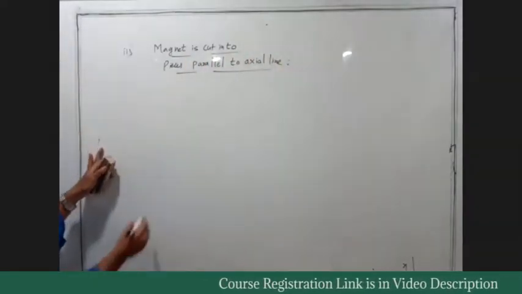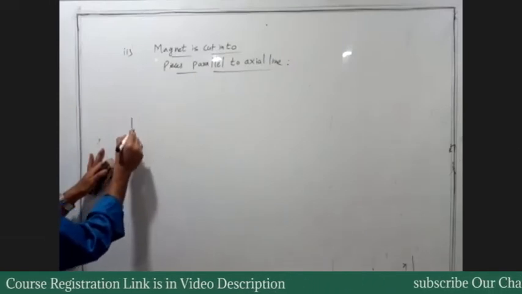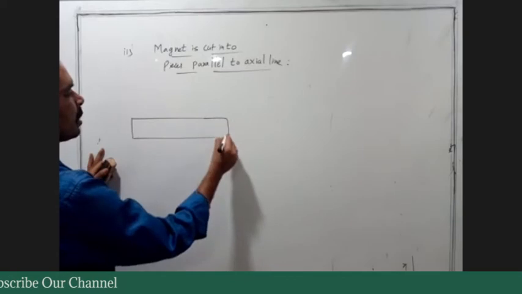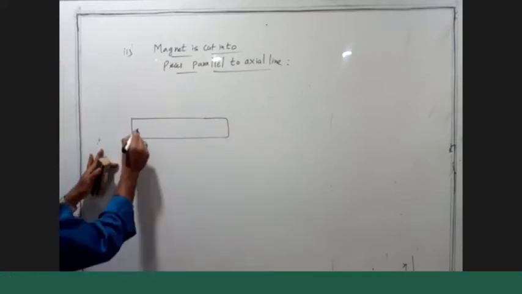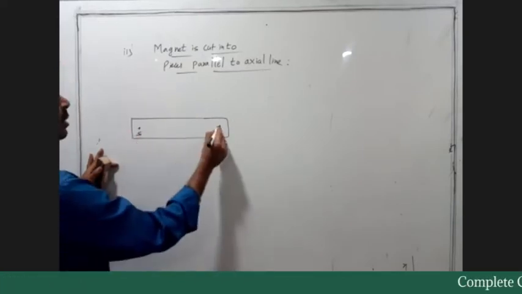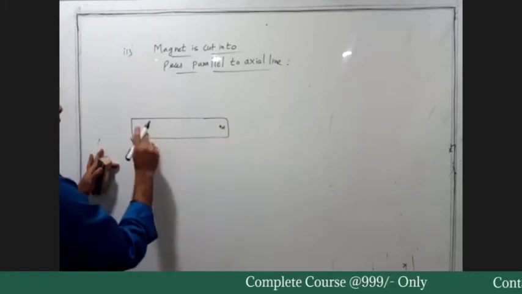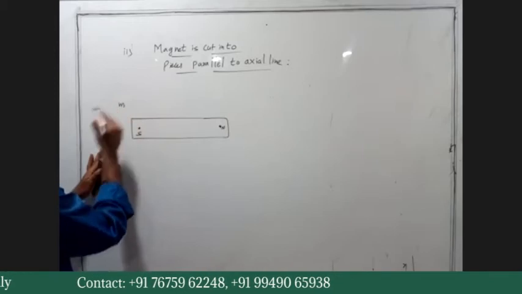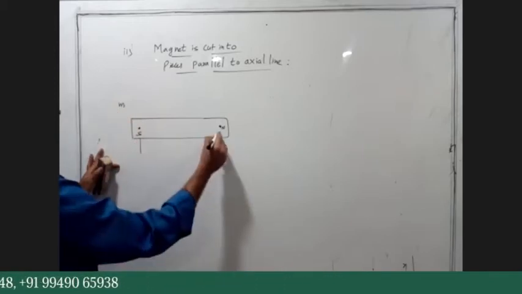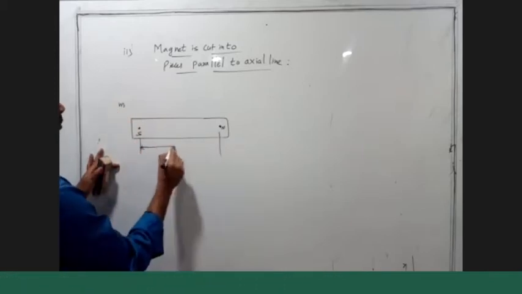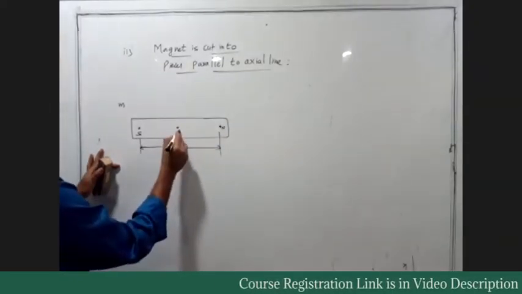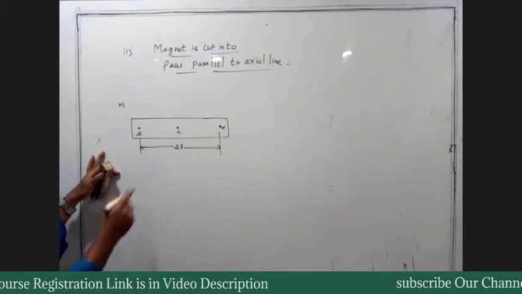Okay, here is a given bar magnet. Suppose this is the south pole and this is the north pole. The pole strength of these poles is M, and the length of the magnet I consider as 2L. This is somewhere the center.